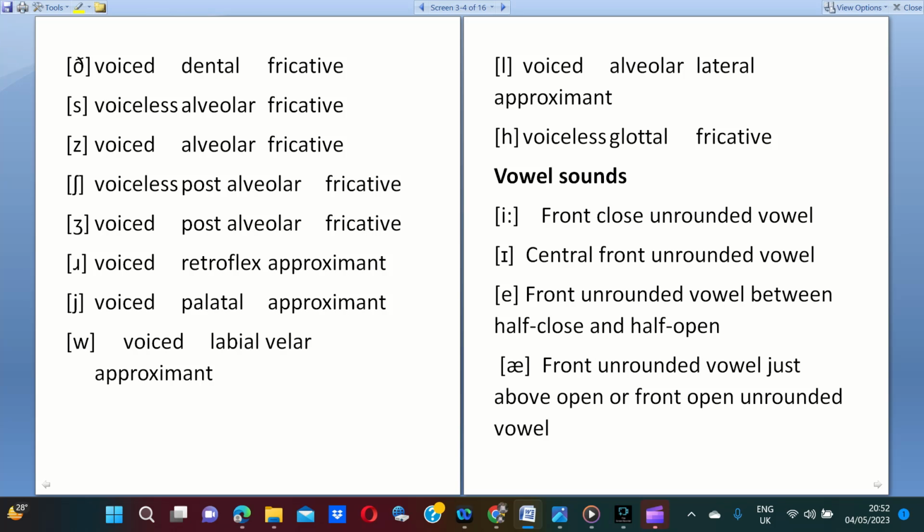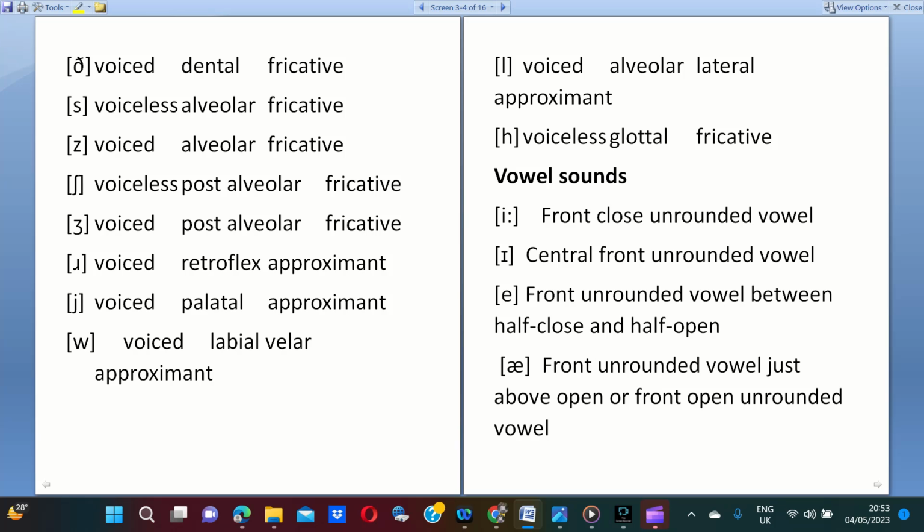Next, sh, sh. This sound is produced with the help of the middle part of the tongue and the post-alveolar region. The post-alveolar region is the passive organ of speech. The middle part of the tongue is the active organ of speech.